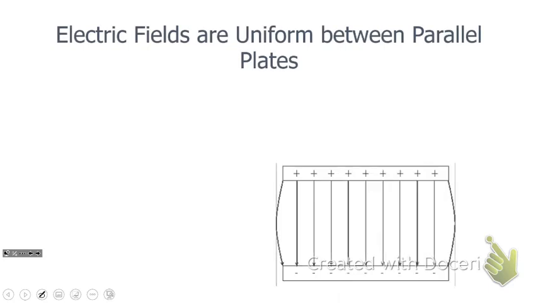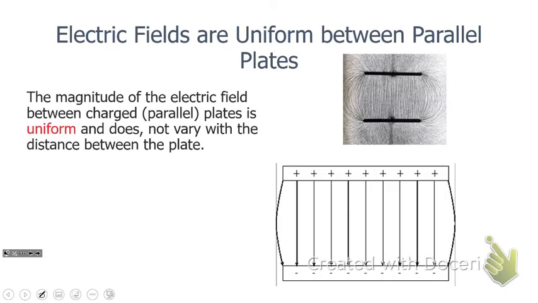Okay, so remember, electric fields are uniform between parallel plates. In summary, the magnitude of the field between parallel charged plates is uniform and does not vary. So what you have up here is going to equal the same thing down there. It's constant throughout the whole plate.